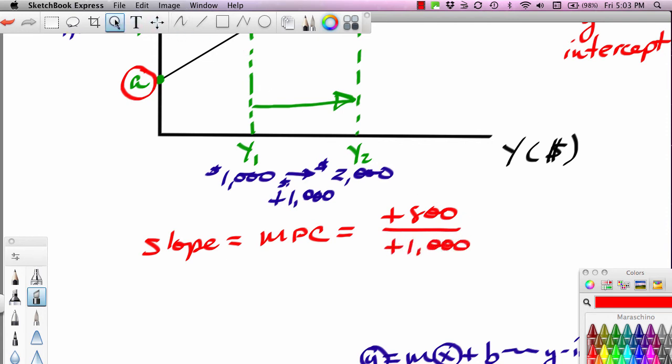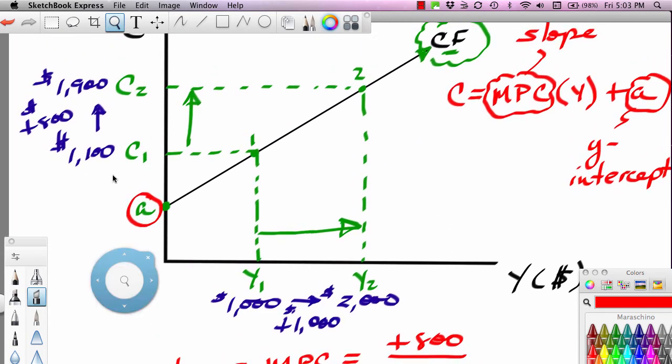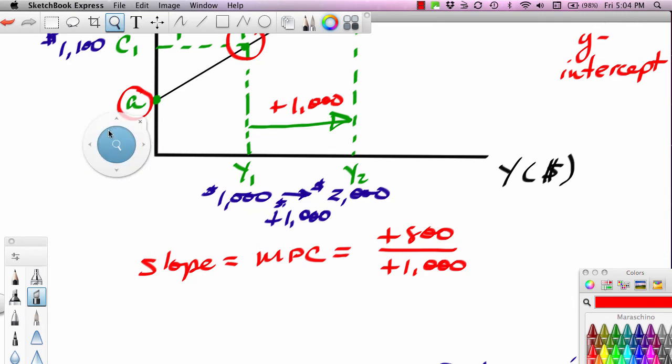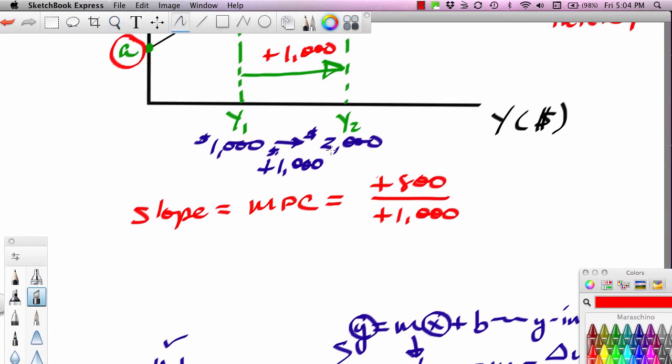Remember? So let me just scroll back up and show you this. If you move from point 1 to point 2, C increases by 800, that's the rise. Y increases by 1,000, that's the run. So this is plus 800 over plus 1,000. So what's the slope? The slope is equal to 0.80.